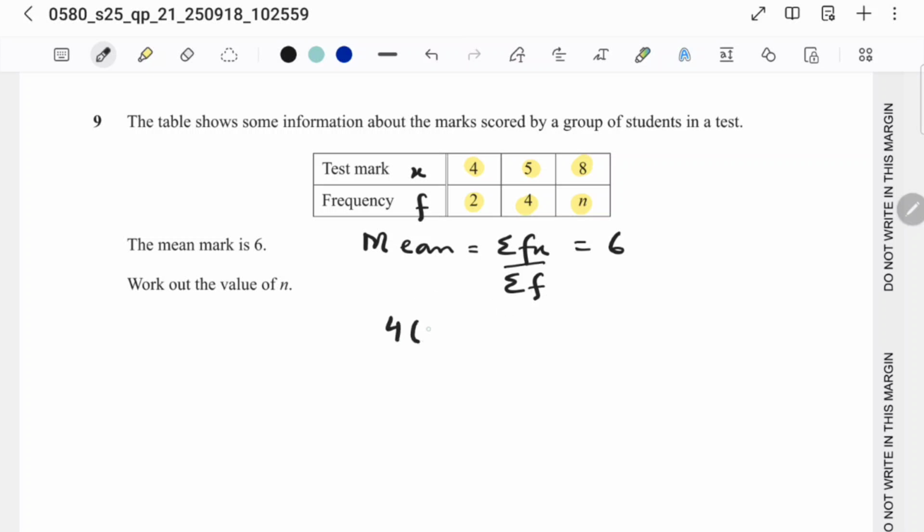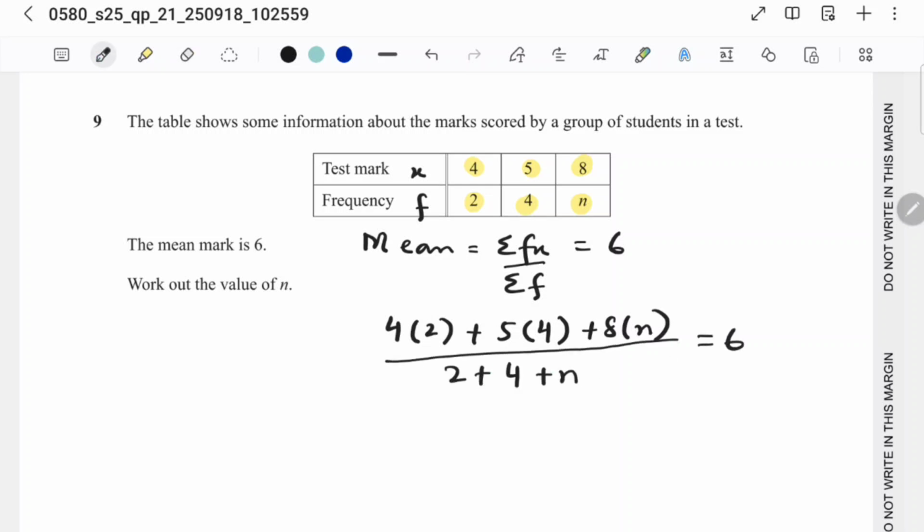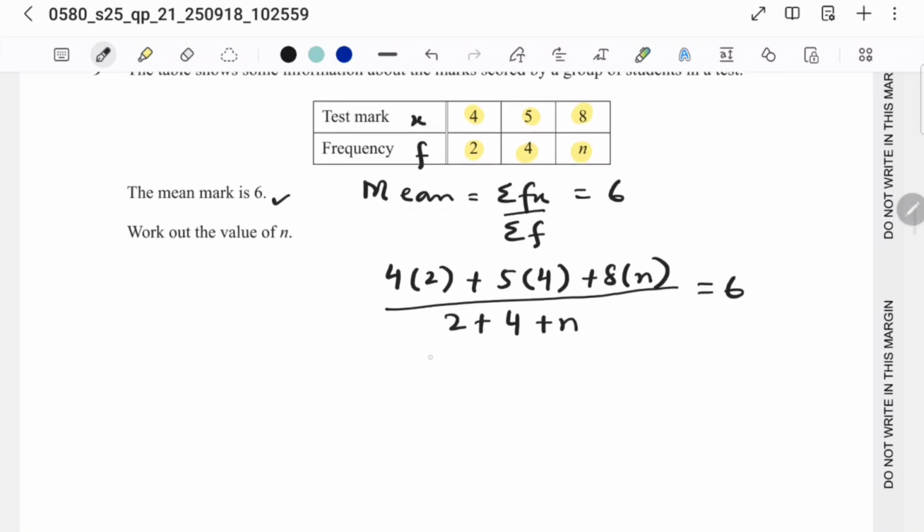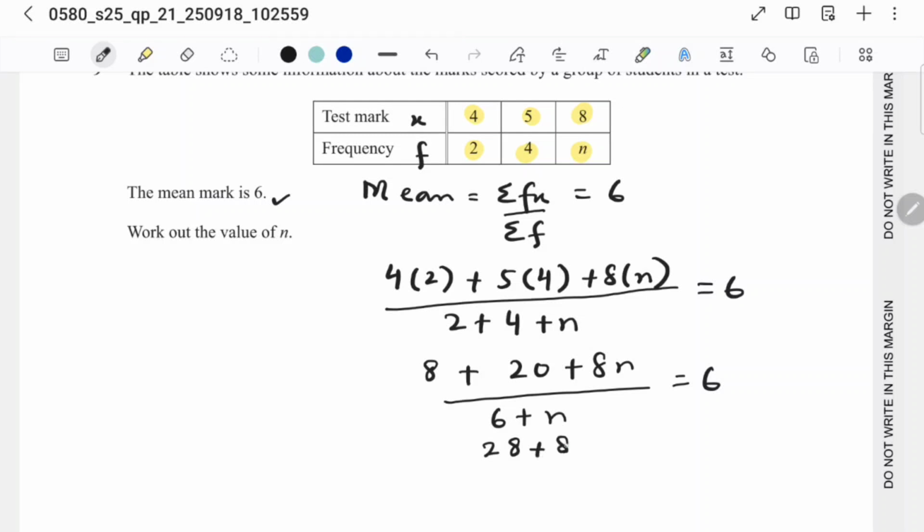So 4 times 2 plus 5 times 4 plus 8 times n, and sum of f is you just add all of the frequencies, which are 2, 4 and n, equal to 6 given here. 4 times 2 is 8 plus 5 times 4 is 20, and 8n, divided by 6 plus n, is equal to 6. Now 8 and 20 become 28, plus 8n, and then multiply 6 by (6 plus n).